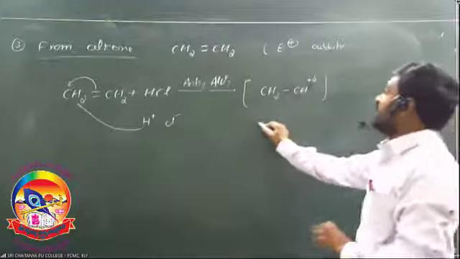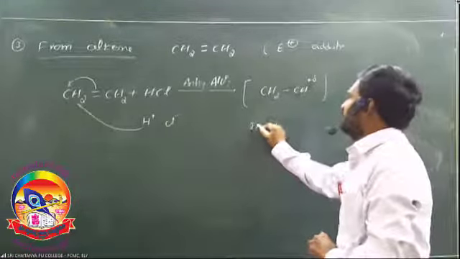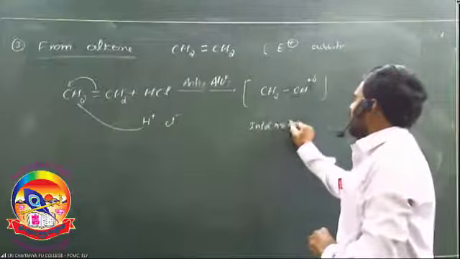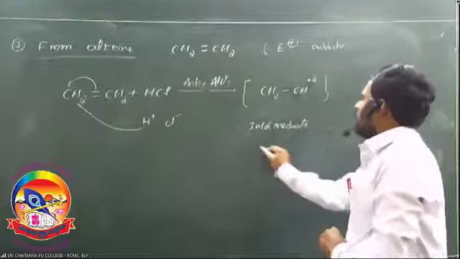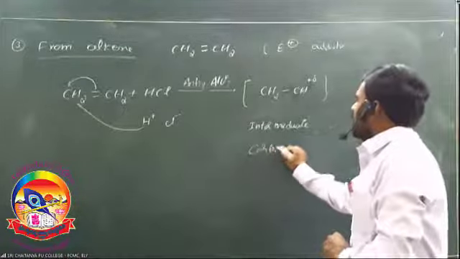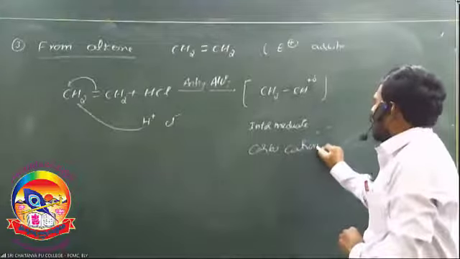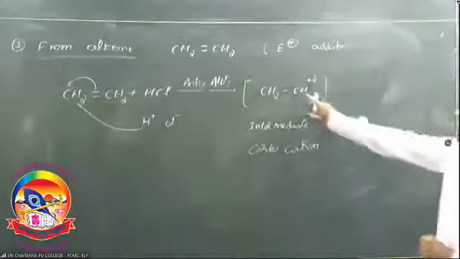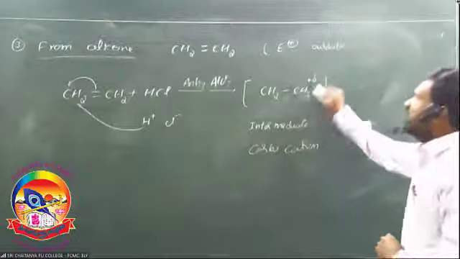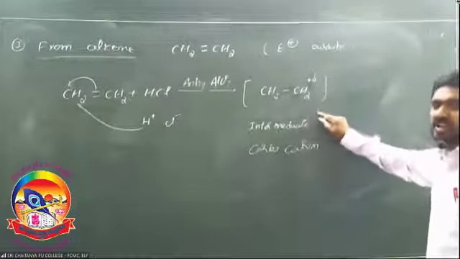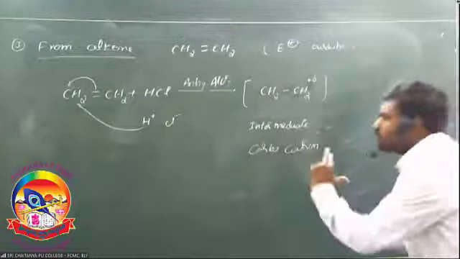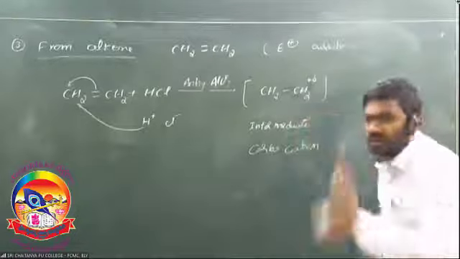So this is the intermediate carbocation. Carbocation means a carbon containing a positive charge. The reaction takes place through the formation of an intermediate carbocation.